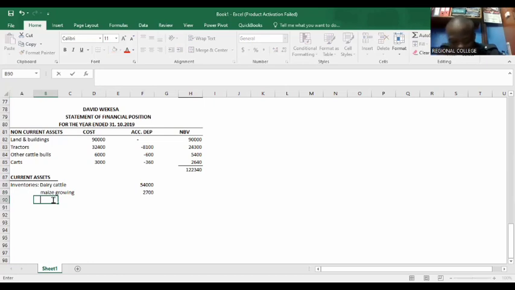Bulls are the cattle. That one is a utility as an asset, so you skip it. Dairy cattle feeds, $1,620.